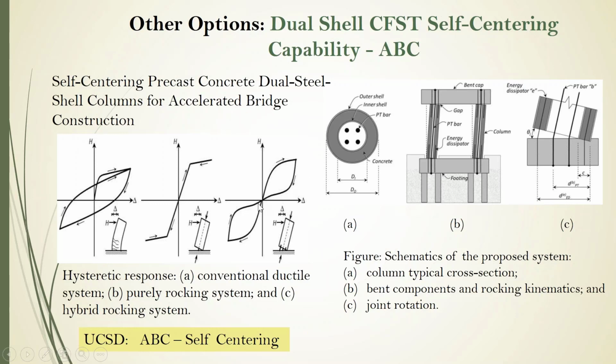Again, like the previous slide, we are getting some kind of behavior from the steel part of that, but the self-centering provided by pre-stressing allows a combined behavior with zero residual deformation and back to functionality and serviceability as desired for that one.